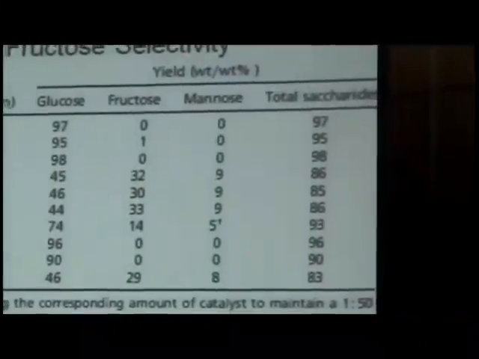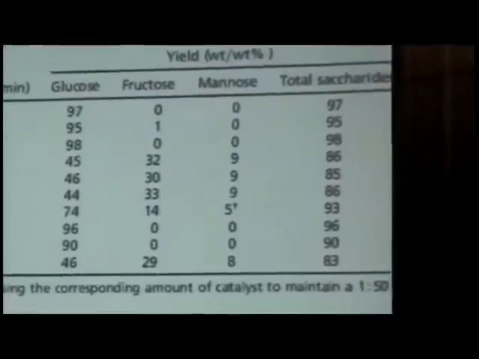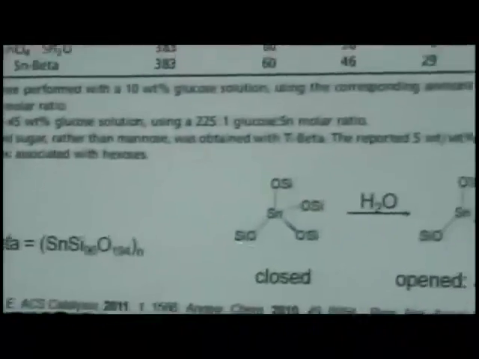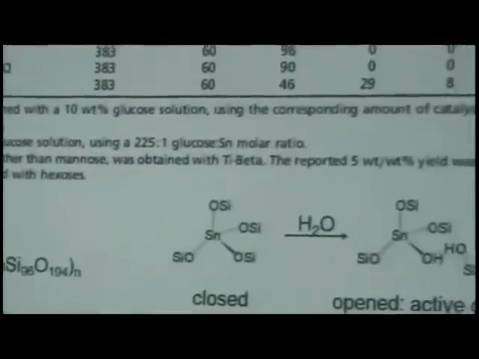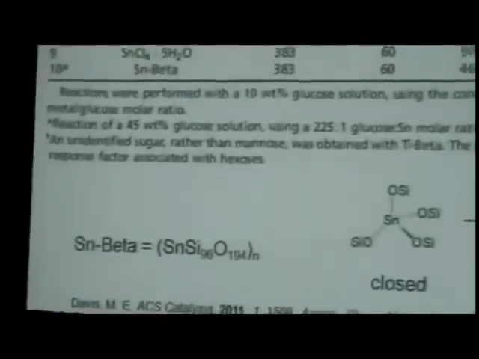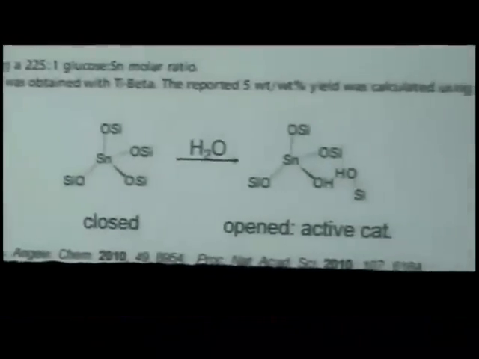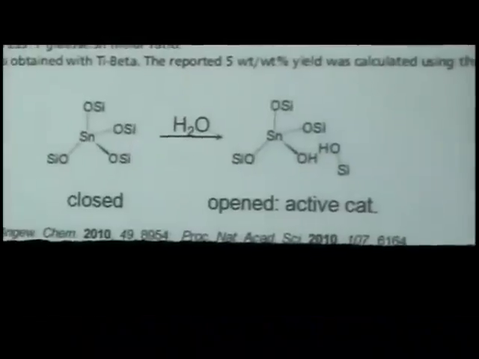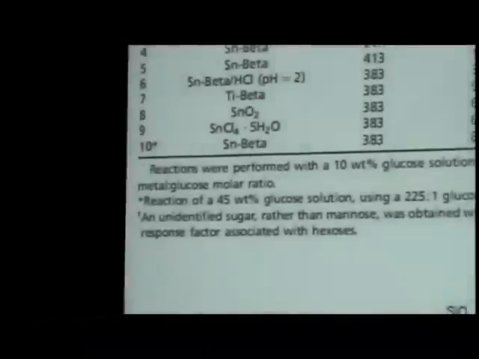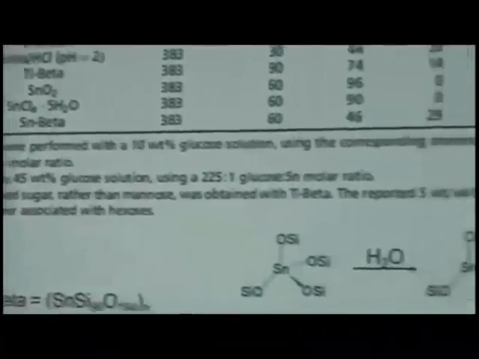And as I said, the tin inside the beta is in the tetrahedral coordination, whereas the tin in the tin oxide SiO2 is in the octahedral coordination. So maybe tin in the tetrahedral coordination would be a very good catalyst for glucose conversion.